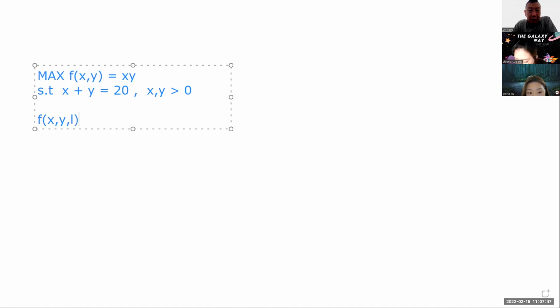Then now you create the Lagrangian, lambda L. You can just use L, you can use any. L minus L times g of x, y.